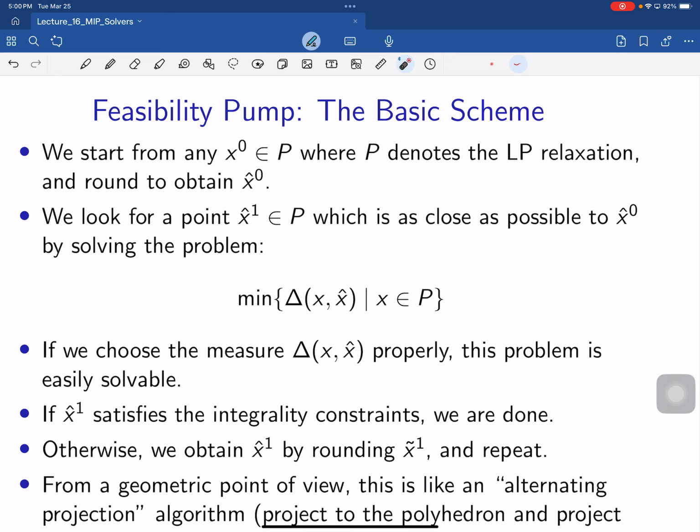So what we will do is look for a point x1 hat that is as close as possible to x0 hat, but make sure the new point satisfies the linear inequality constraints. So this is a projection where you make it satisfy the linear inequalities. The distance, delta, is some sort of distance metric.